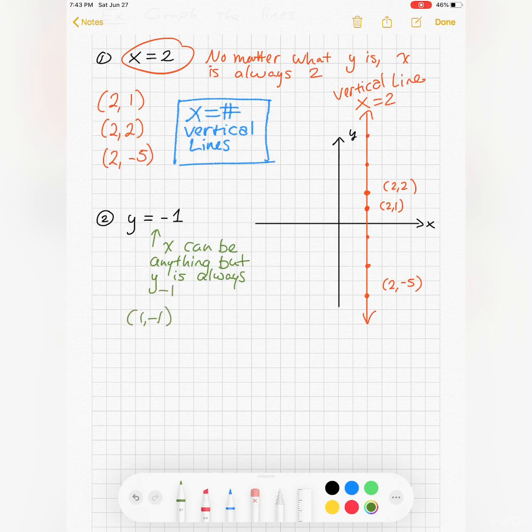So 1, negative 1, 2, negative 1, 5, negative 1, negative 3, negative 1. So where are these points? 1, negative 1, 2, negative 1, 5, negative 1, negative 3, negative 1.